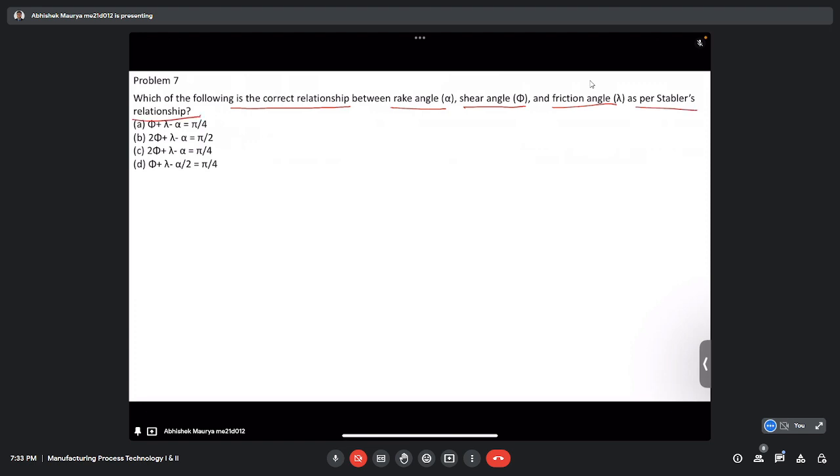So the first one, it is nothing but Lee and Shaffer. And if you see the second one, these two relationships we have used in the previous problems, you can remember. So this is nothing but Ernst and Merchant theory.